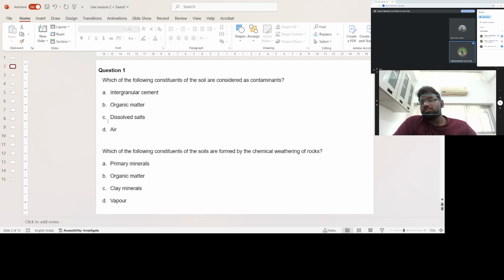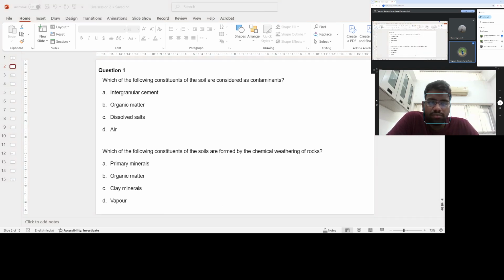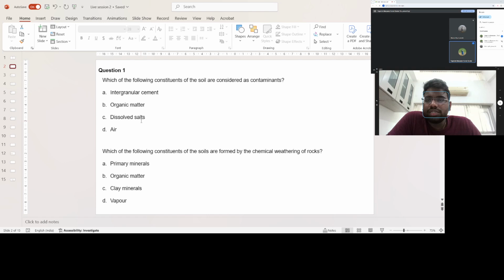When you come to option C, dissolved salts, there can be two bifurcations. Dissolved salts can be due to the natural salinity that is present in the soil itself. That is one aspect. But as you rightly mentioned, there are industrial contaminants. Those industrial contaminants mostly fall under this category of dissolved salts, which get leached into the groundwater.